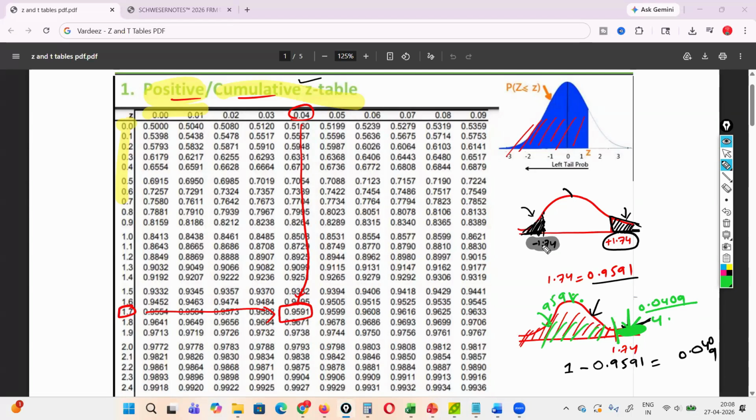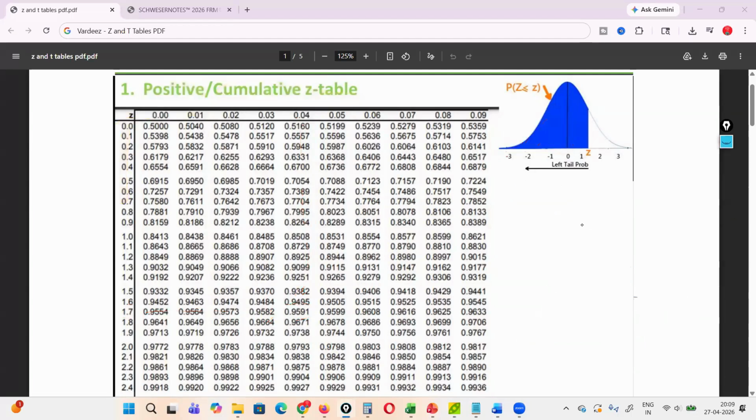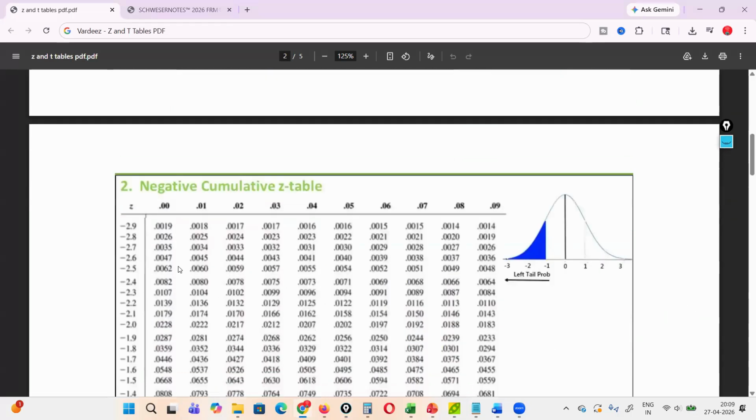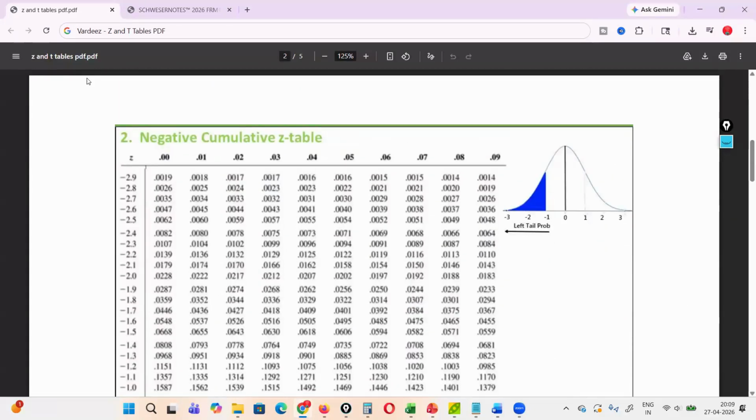Now, how do you find the negative value? Well, the negative 1.74 essentially is 0.0409 or 4.09%. How do you verify this? Well, let me take you to the negative Z value table. This is the negative Z table that I've created here.